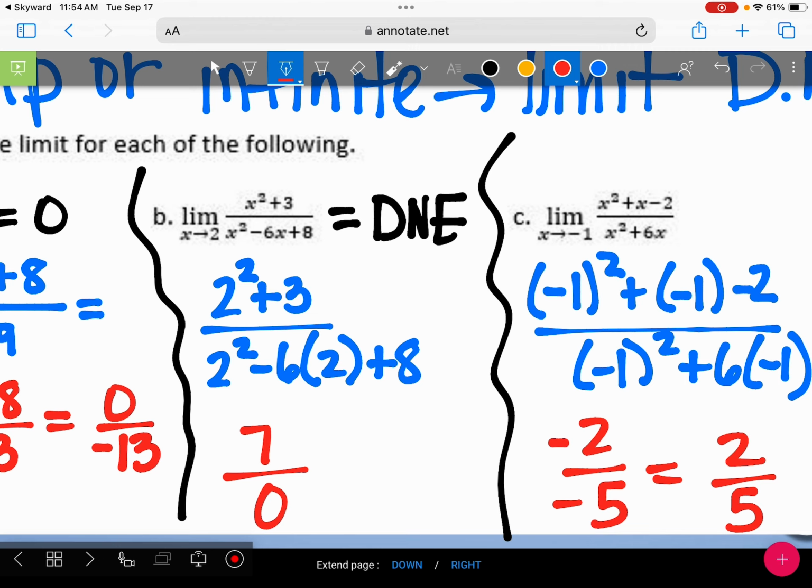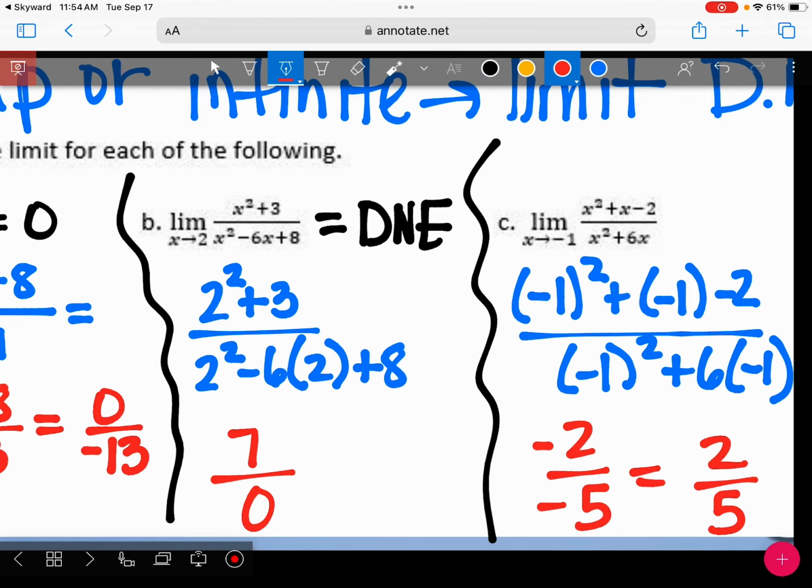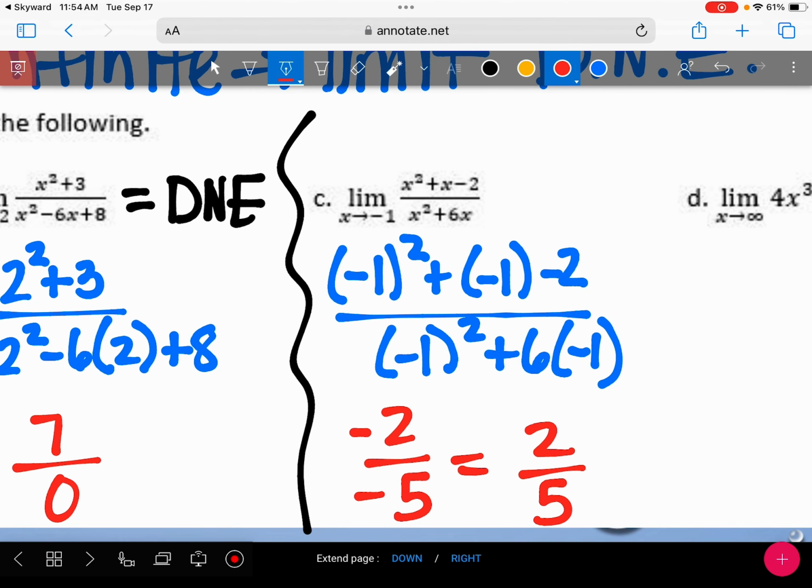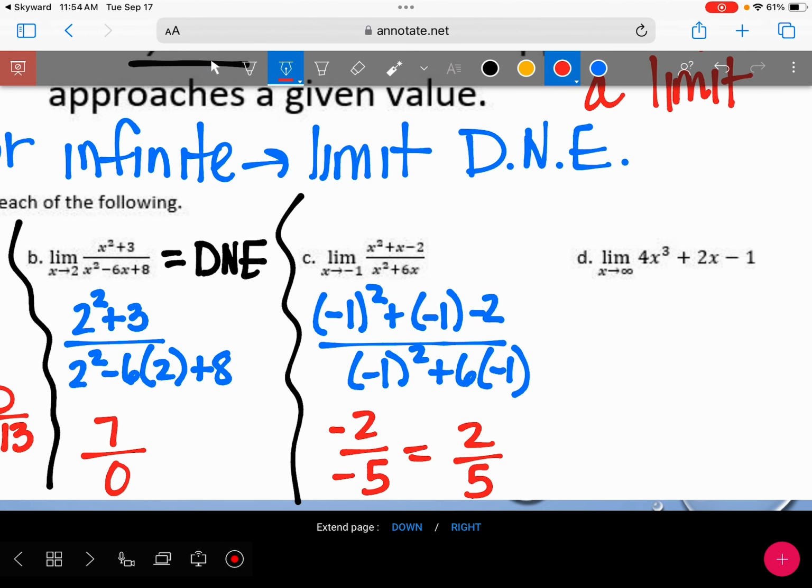Did you all get a fraction or a decimal? What'd you all get? 2/5. So your limit for this one is 2/5. So that means at that point where x is equal to -1, our y value is 2/5. Now we're actually going to talk about this one later. I'm going to save this for later because this is end behavior. Because see how it says approaches infinity? So we're going to talk about that a little bit later because that's a little different.